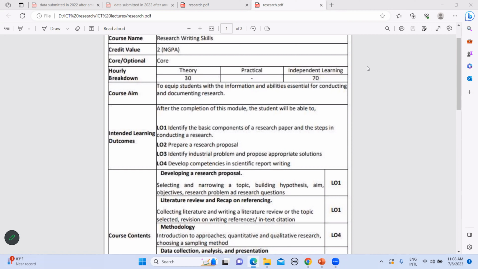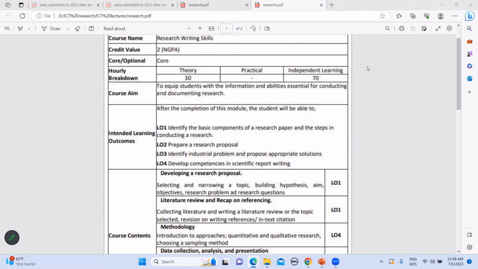Now, here, these are the intended learning outcomes. The yellow one is the research paper, understand the research paper. But before that, I think you have to identify the research problem, and then you have to prepare the research proposal, right?